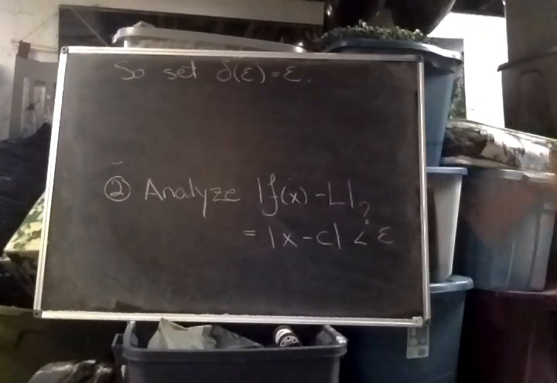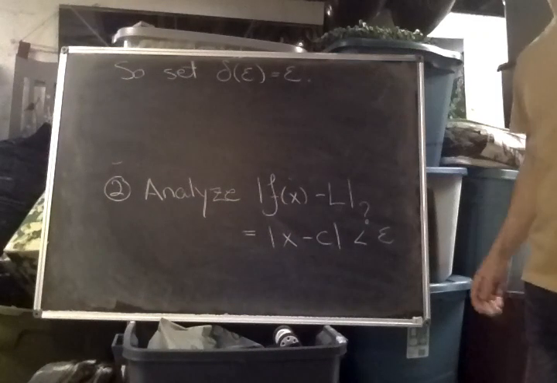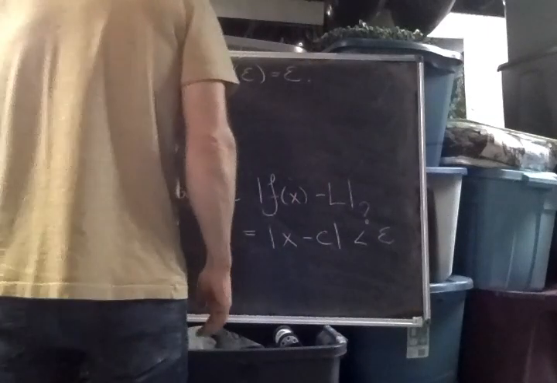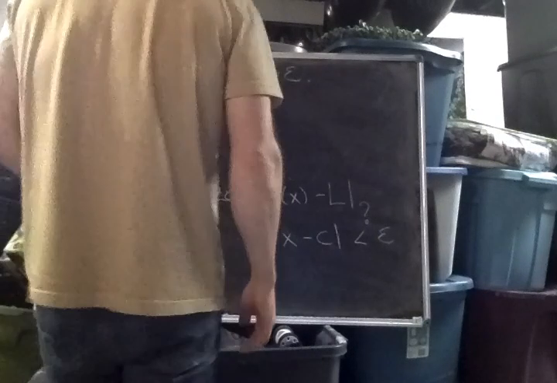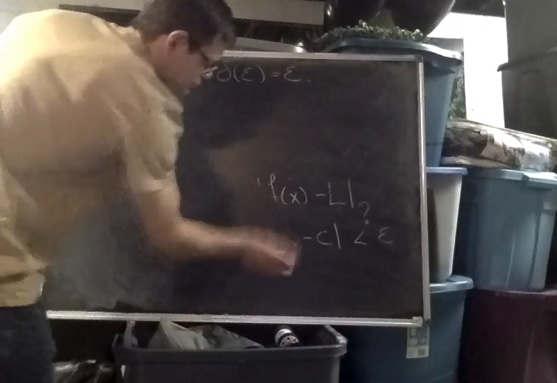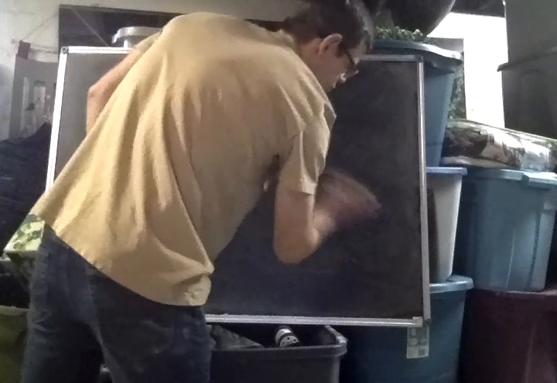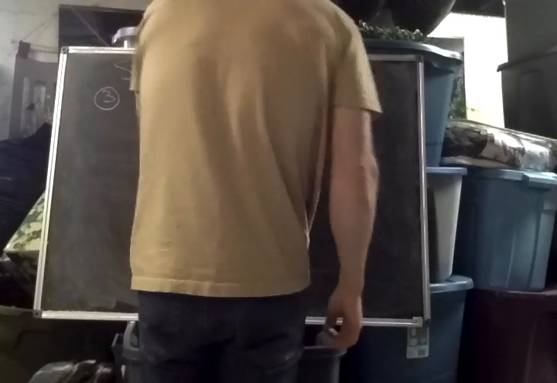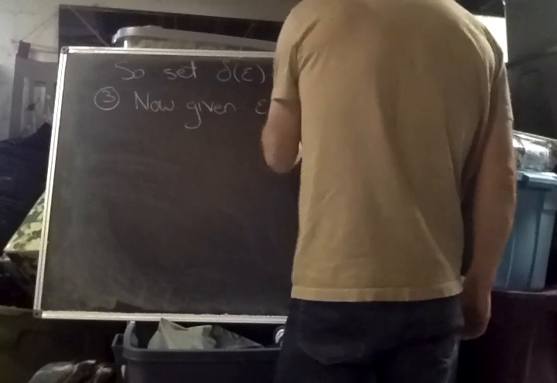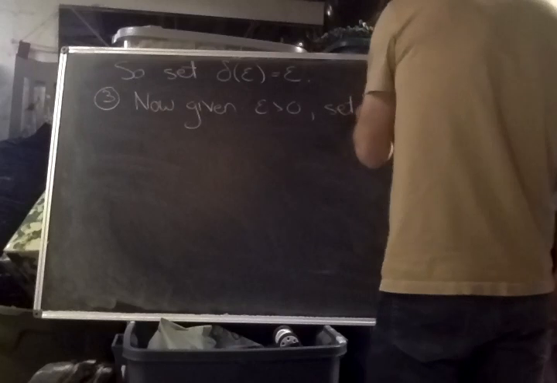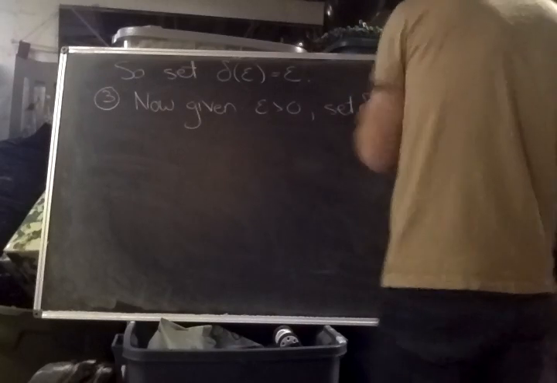Okay. Once you have figured out what that delta of epsilon should be, then you can move on to part 3, which is essentially just regurgitating the definition of the limit. Okay, so now I can erase this. So now, given epsilon greater than 0, set delta of epsilon equal to epsilon.